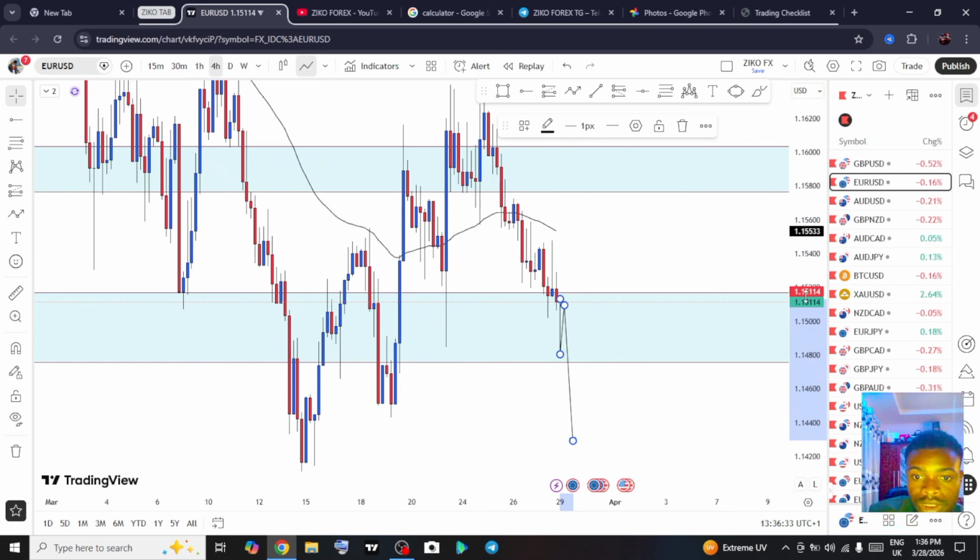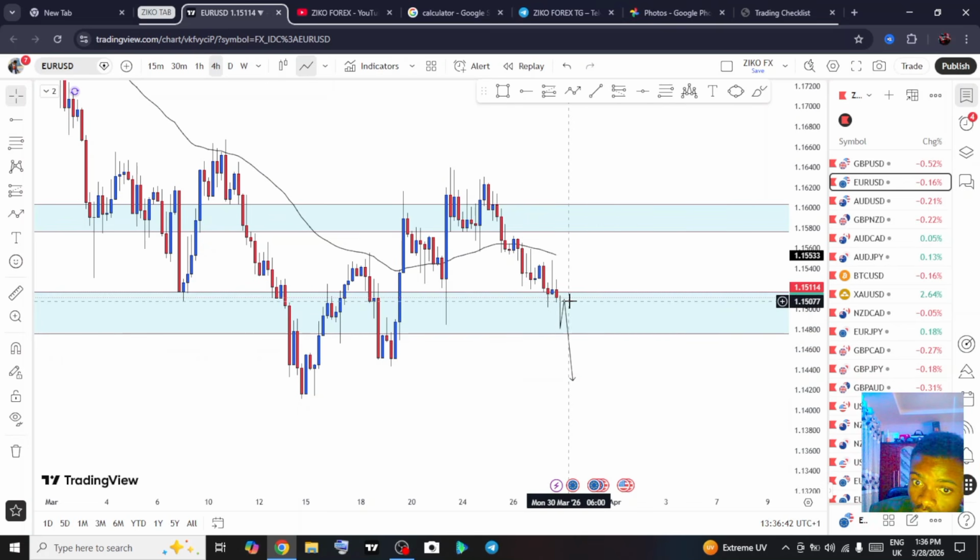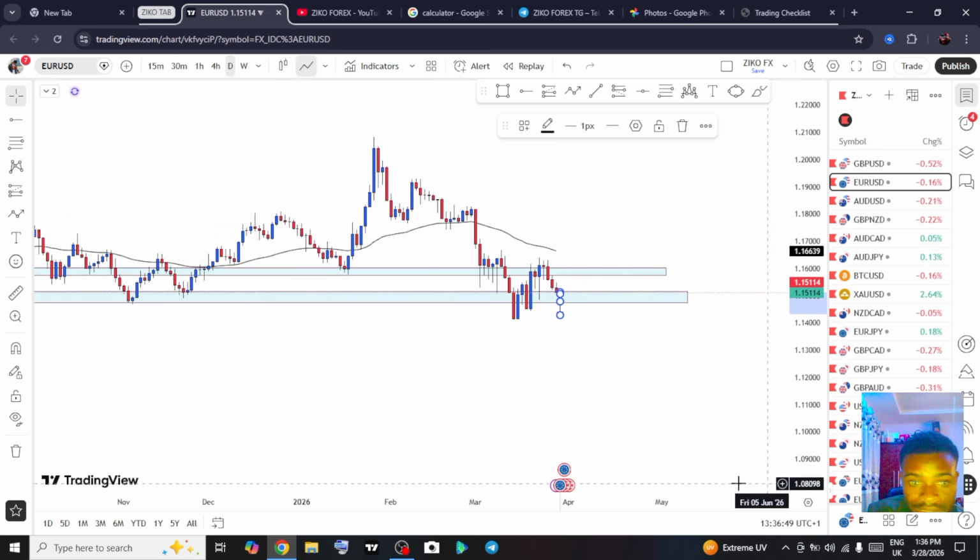Market structure will decide if we want this break to be under the area or inside the area. But the market structure is bearish because that's what we are actually trading, right? We are trading the candlesticks, right? So let me look at the daily again for clearer perspective.